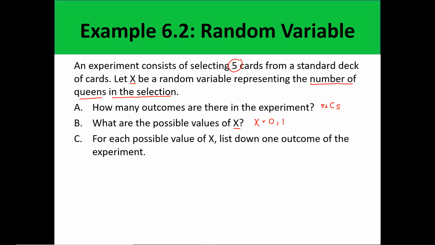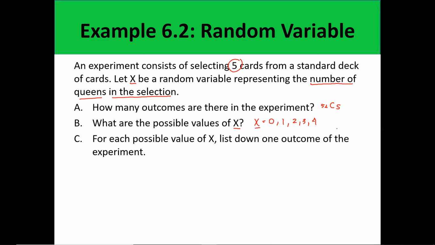It could be that x is equal to 1, which means there's exactly 1 queen card in the selected 5 cards. Or it could be x equals 2, x equals 3, up to x equals 4. So x equals 4 means that all of the queen cards are part of the selection of 5 cards. Now, the random variable x cannot be equal to 5 because there are only 4 queens in the standard deck of cards.